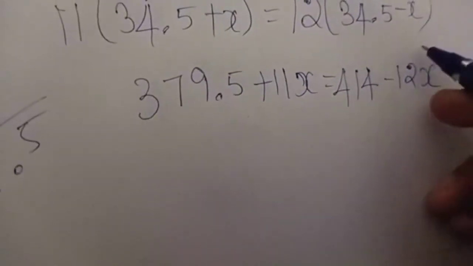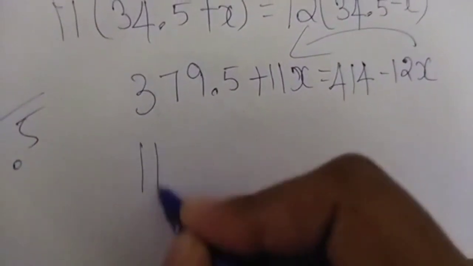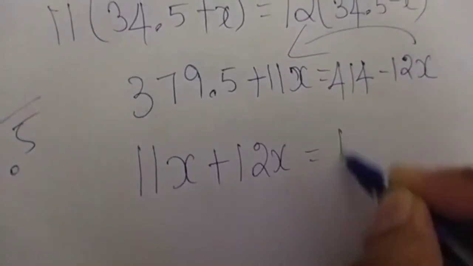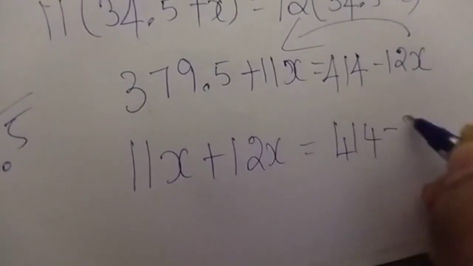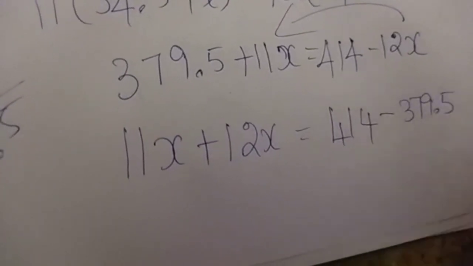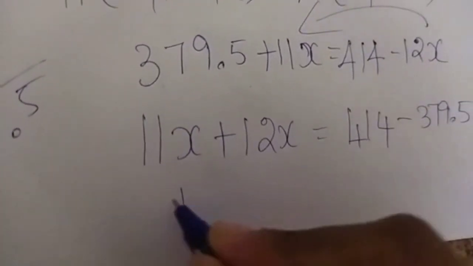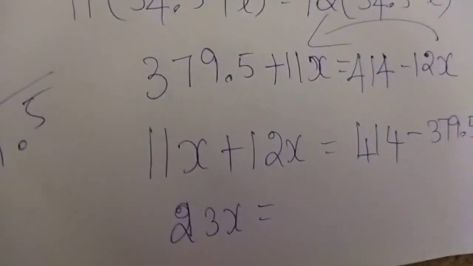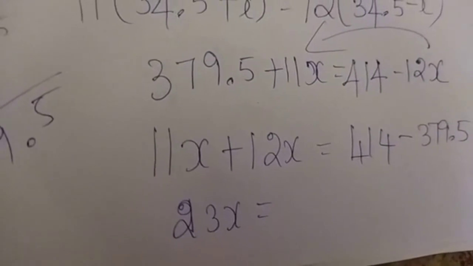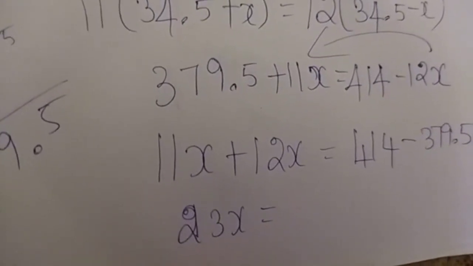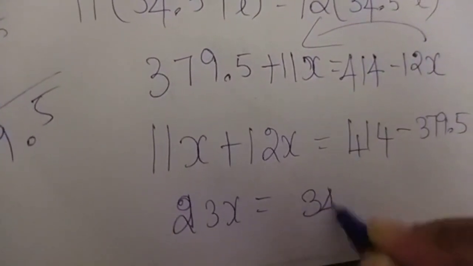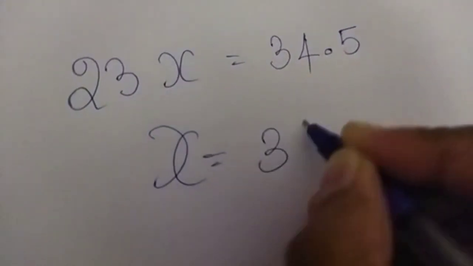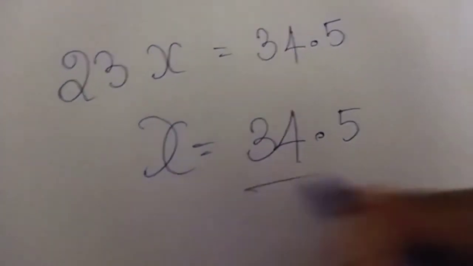Keeping variables on one side and constants on the other side, 11x plus 12x is equal to 414 minus 379.5. So 23x is equal to 414 minus 379.5, that is 34.5. x is equal to 34.5 divided by 23.